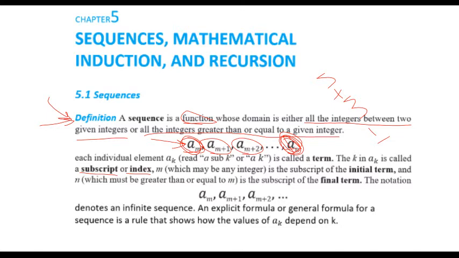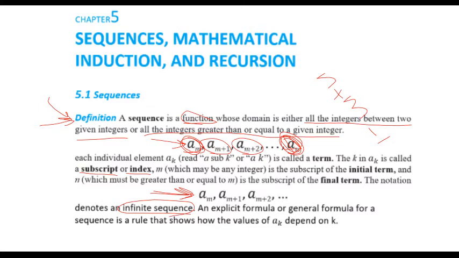This is an example of such a case. The sequence has a domain of m, m plus 1, m plus 2, all the way to infinity. So we have an infinite number of elements in the domain of this sequence, and that's why we call it an infinite sequence.